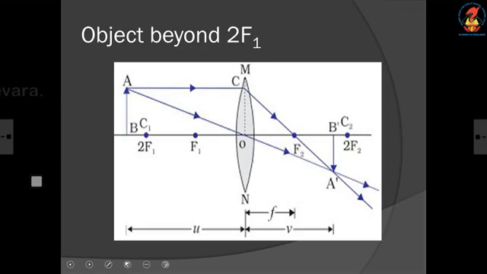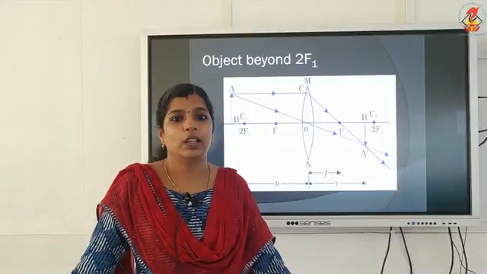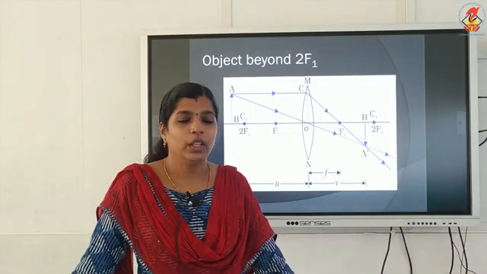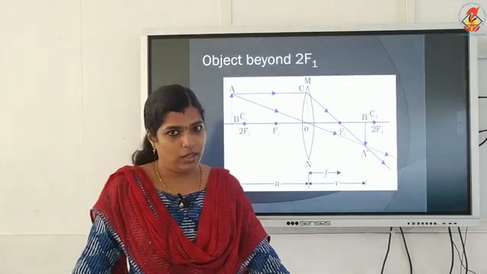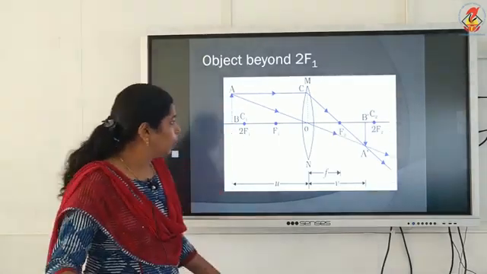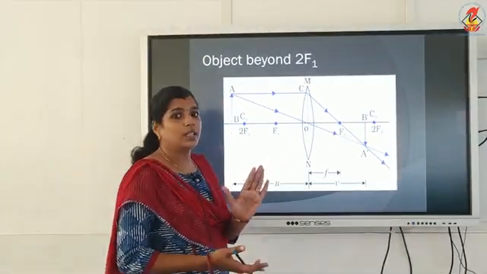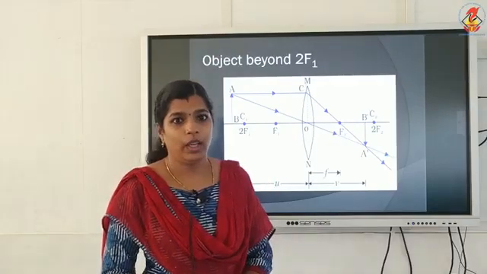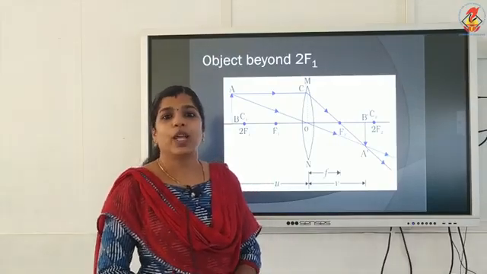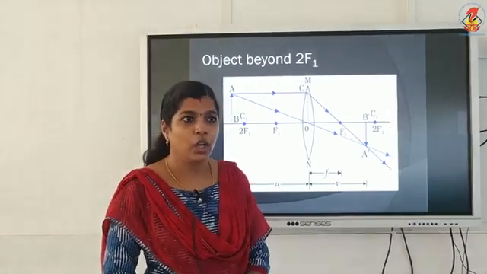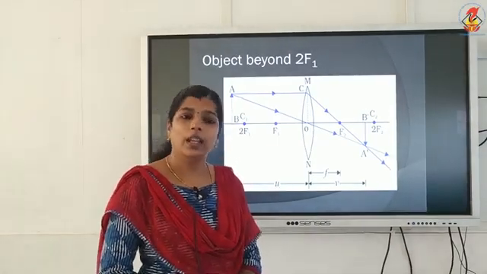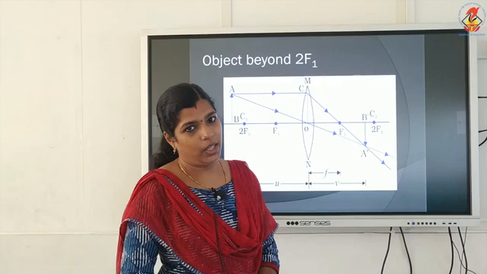Okay. So minimum 2 rules, or 2 light rays, should be there to construct a ray diagram. Then only you will get the image. Now, where these 2 refracted rays meet or intersect, at that point you can draw the image.